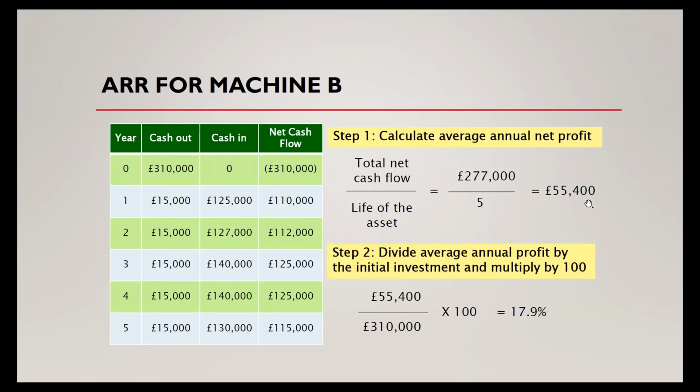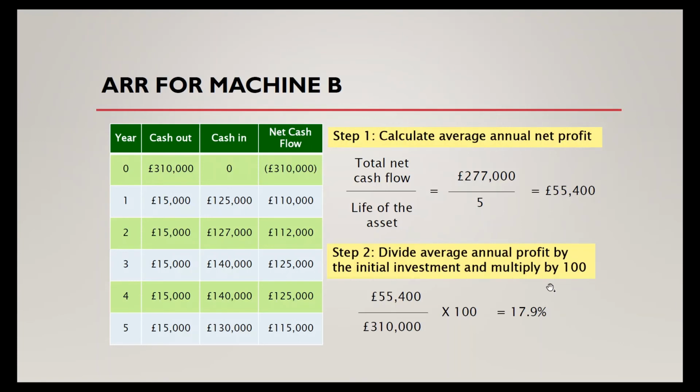To calculate the average rate of return, or the ARR, step 2 is that we have to divide the average annual return by the initial investment. And after that, we have to multiply by 100%.